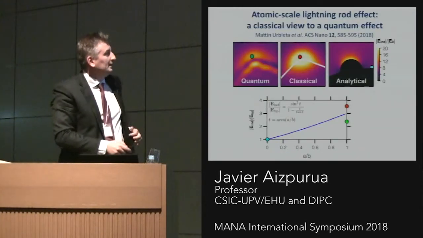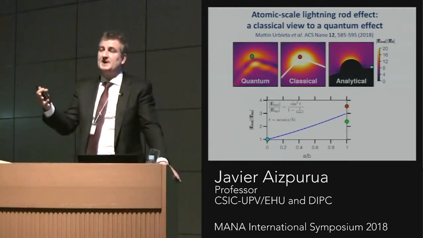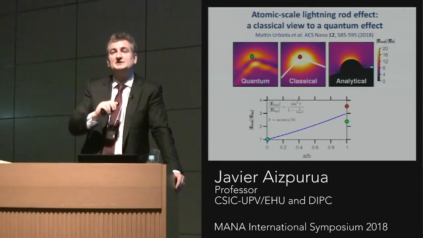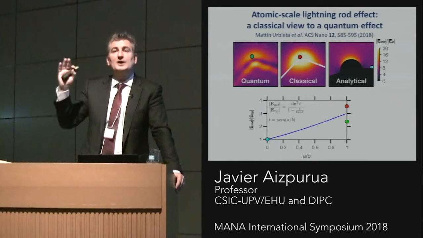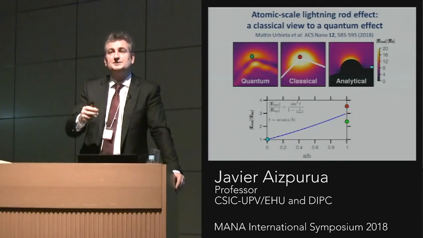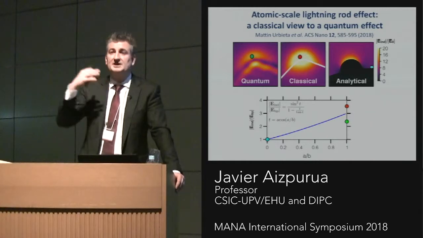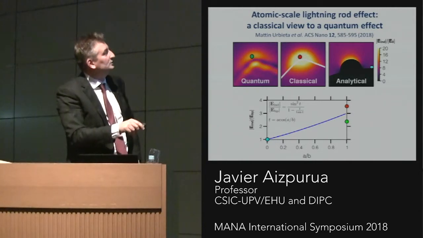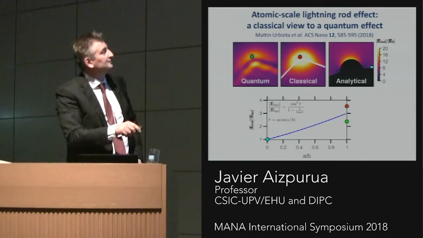Okay? The good news is that for experimentalists who are using this kind of strong plasmonic cavities, you don't need to do all the quantum calculations to address these features. Quantum calculations are very involved: dynamical screening, many-body. We have just shown that all these quantum features of description of local fields and trapping have a very classical analog just by purely setting the boundary of the metal following the electronic density of the quantum calculation.